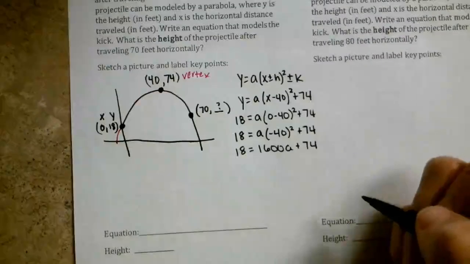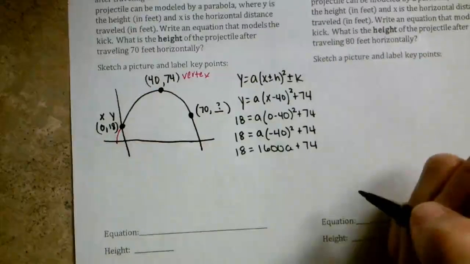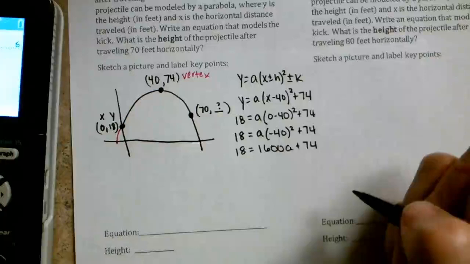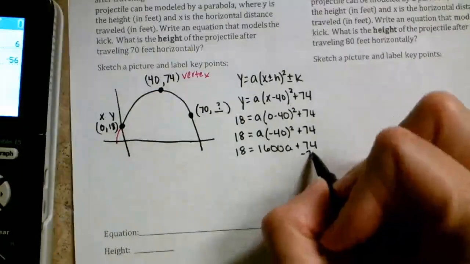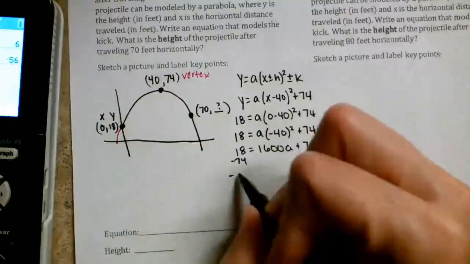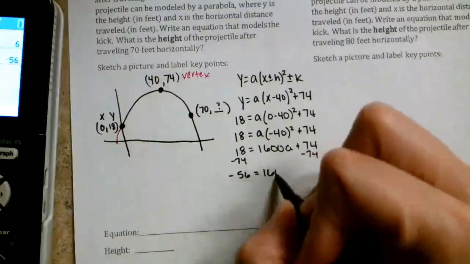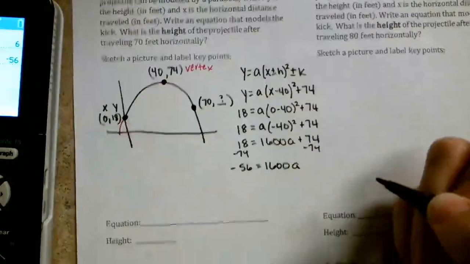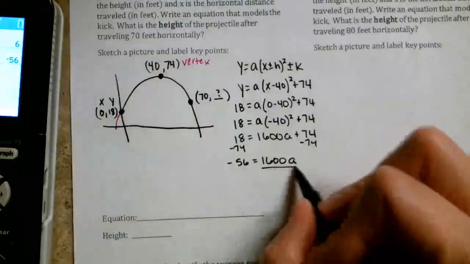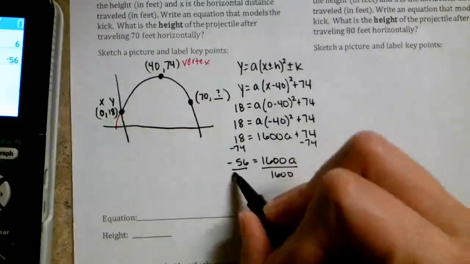Okay, I have to get a by itself, so I'm going to subtract the 74. Subtract the 74 from both sides, I get negative 56. And then I'm going to have to divide both sides by 1600.